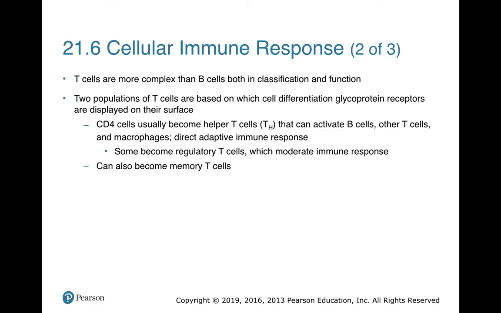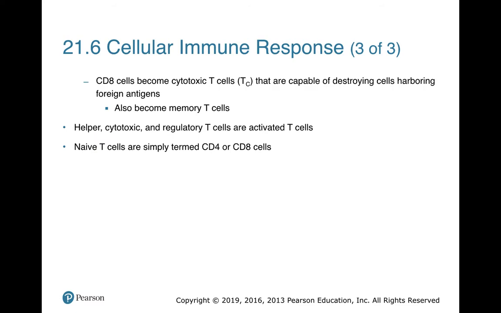The other population is the CD8 positive T cells, and those are generally cytotoxic T cells. They are the T cells that are able to find cells that are infected with things like viruses and kill them directly. Again, they also have some that will become memory T cells.